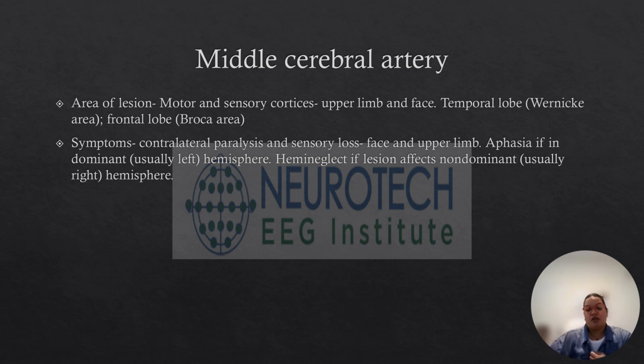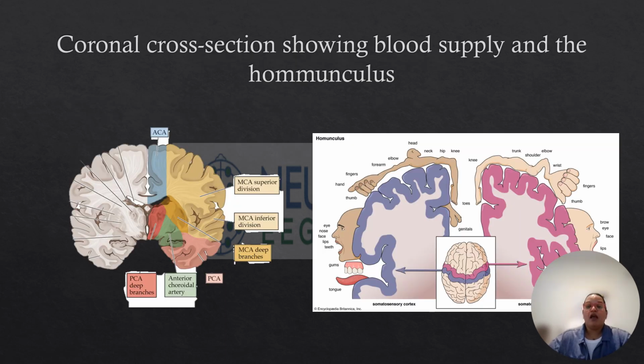Aphasia in the dominant hemisphere, usually the left. And hemi-neglect if the lesion affects the non-dominant hemisphere, which is usually the right. And hemi-neglect is that the patient is not going to be aware of that side of the body. And we did that exercise, so we don't have to do it again.